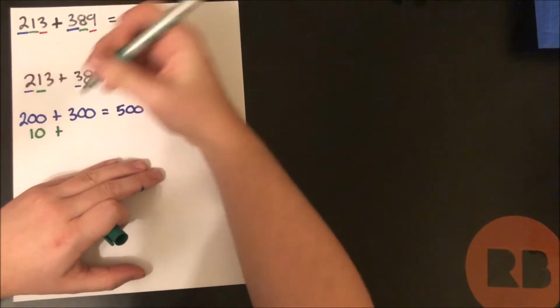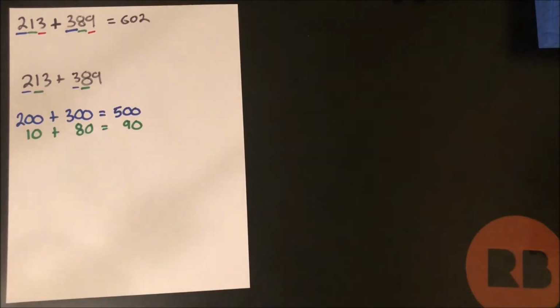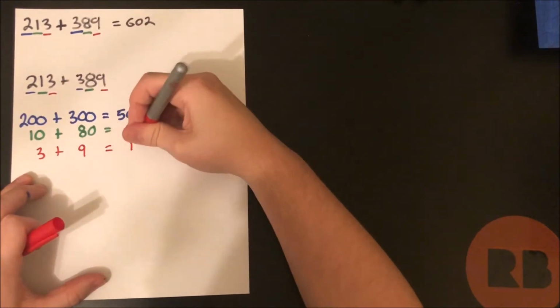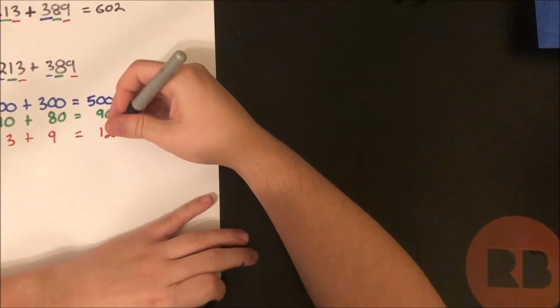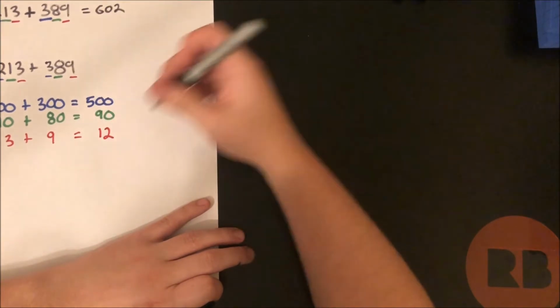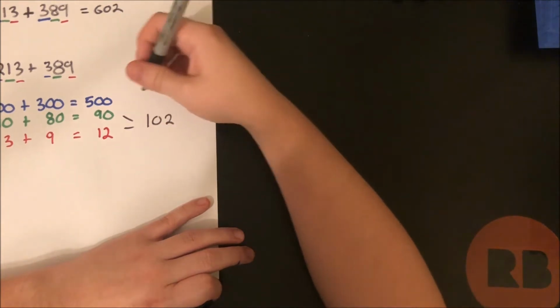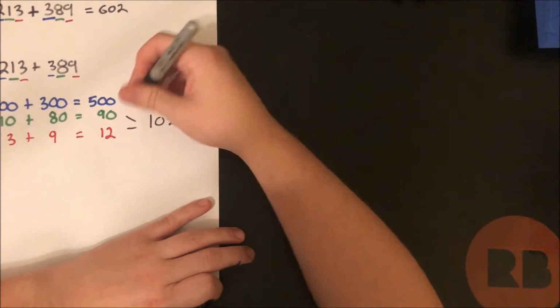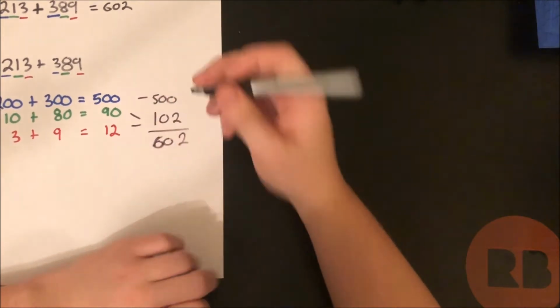So 10 plus 80 equals 90, and then the ones here, 3 plus 9 equals 12. And then you see that we have 12 plus 90 equals 102. And then 500 plus 102 equals 602.